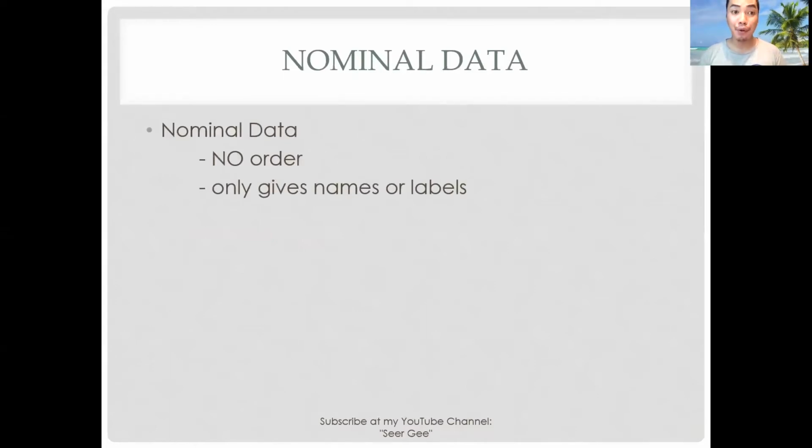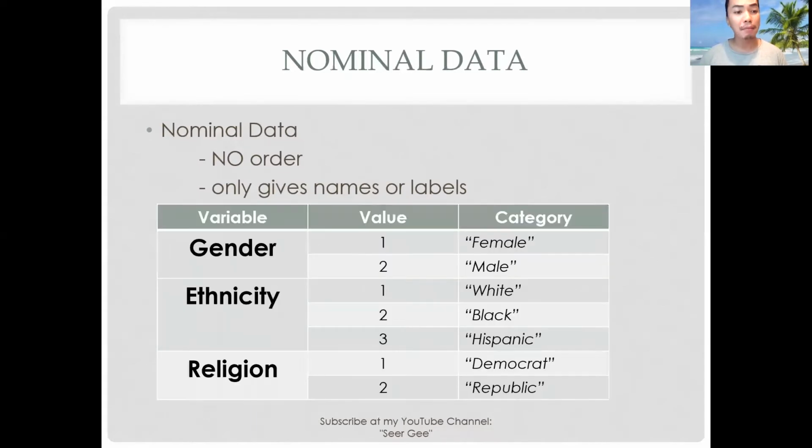Nominal data have no order and thus only give names or labels to various categories. For example, the variables gender, ethnicity, and religion hold nominal type of data. The values, which could be either 1, 2, or 3, have no order. The categories could be shuffled, since the values are just given certain names or labels to the various categories a variable could hold.